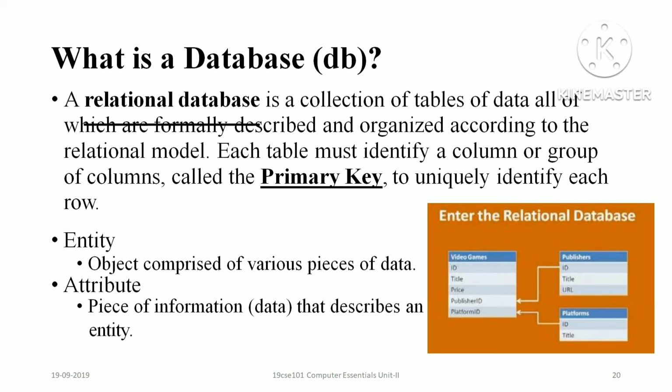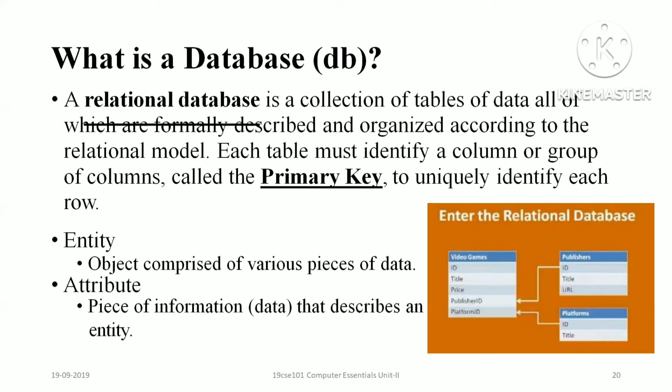For example, each person in an organization is an entity, right? Again, an entity has a set of properties, and the values for some set of properties may uniquely identify an entity.